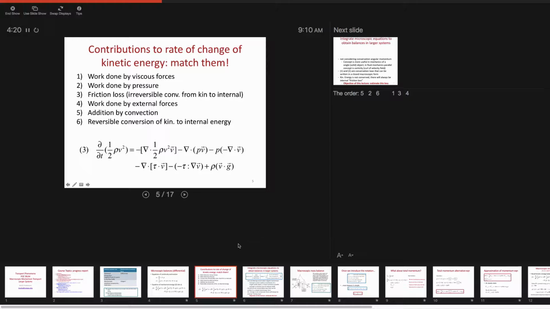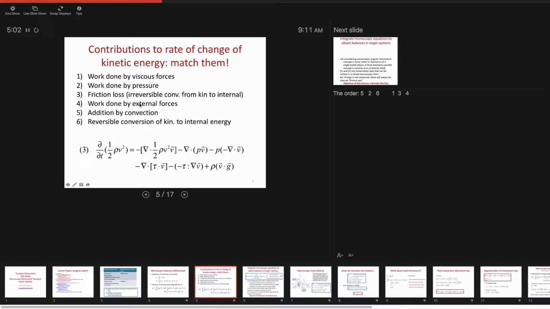So this is the sum of tau ij times the ij element of this matrix, that's dvi dxj, right? For two matrices, the result is a scalar. I take all of the corresponding elements, multiply them, and then sum all of those multiplications together. So that is the friction loss right here. That might be something that you're not necessarily familiar with as an operation.